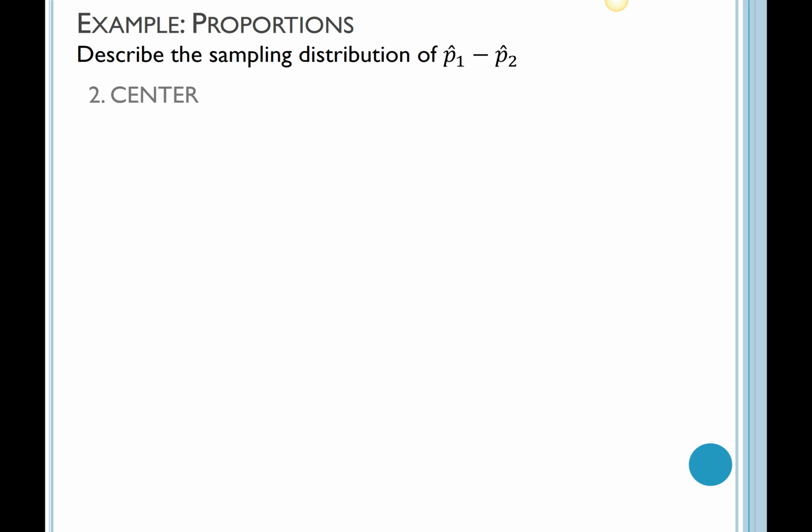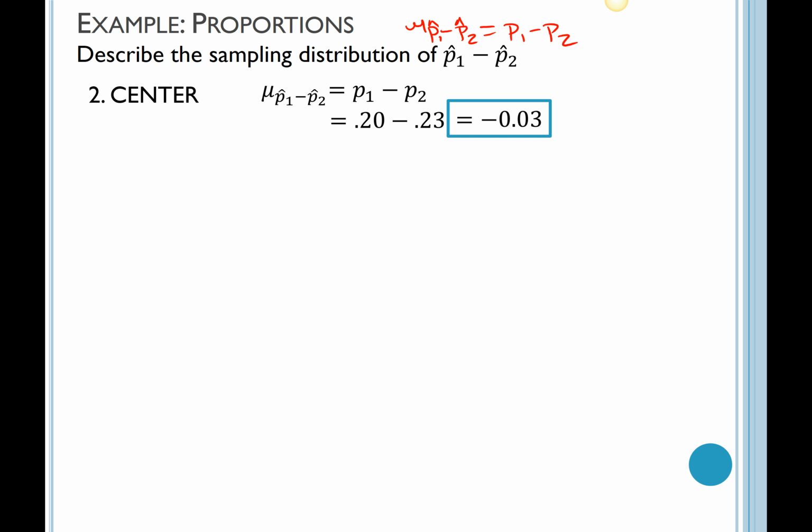Talking about the center, we need to remember that we use the mean of p hat 1 minus p hat 2. But remember, that's simply from your notes from the last video, p1 minus p2. That's just subtracting the 2 proportions, 0.20 and 0.23, which gives me a simple answer of negative 0.03.